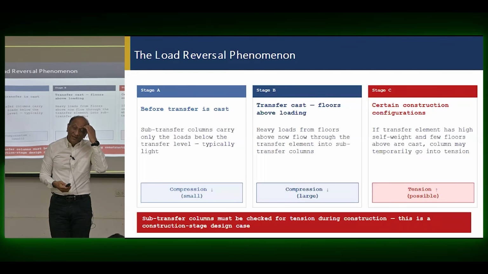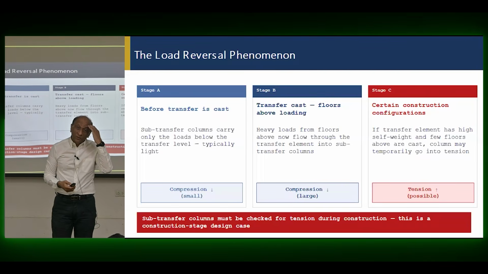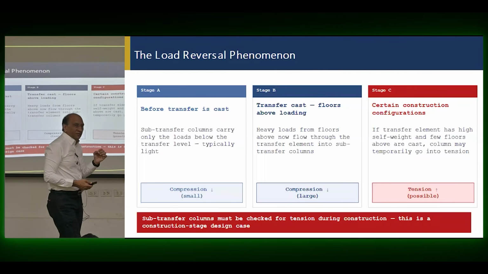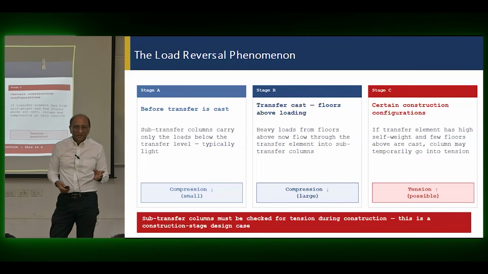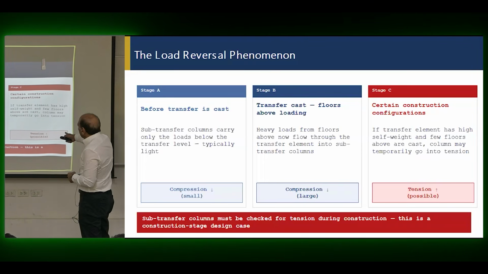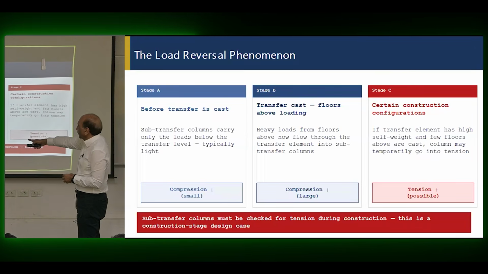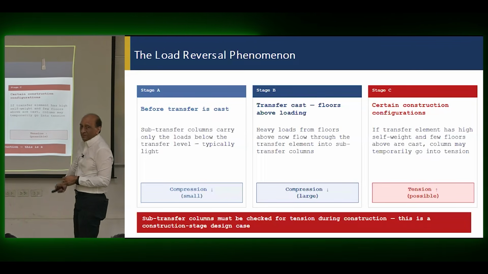So that's why knowing the construction sequence for a transfer girder system and also for outriggers and belt trusses is very critical. And like I said, it can go from compression to tension in some cases.